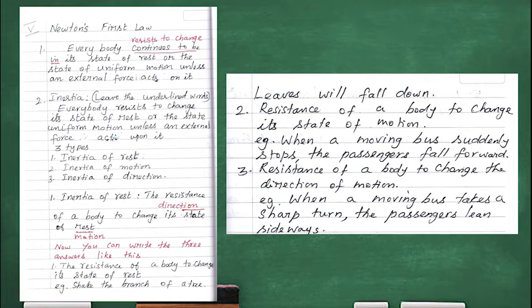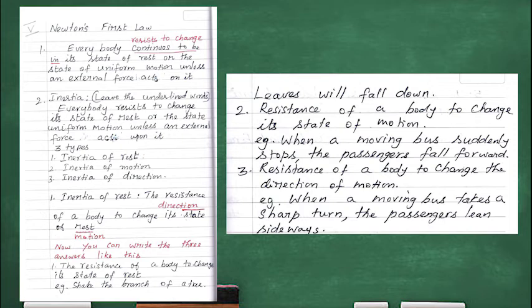Then second one will be, instead of rest you write motion, you will get the second answer. Third answer will be, there its state of rest you have written for inertia of rest. Here slight change, that is called direction of motion. Then the 3 points ready. Then for everything you write one example that we see now. Then for the first one example will be, shake the branch of the tree, the leaves will fall down.